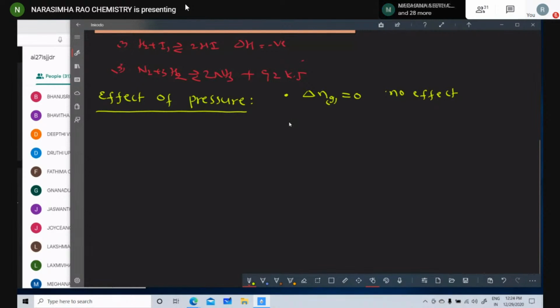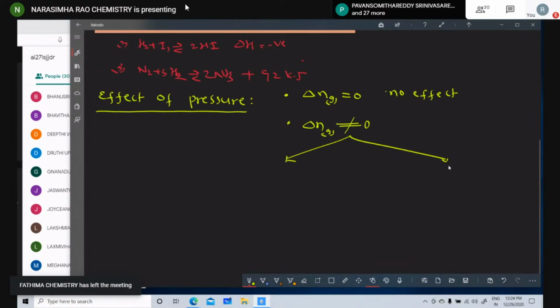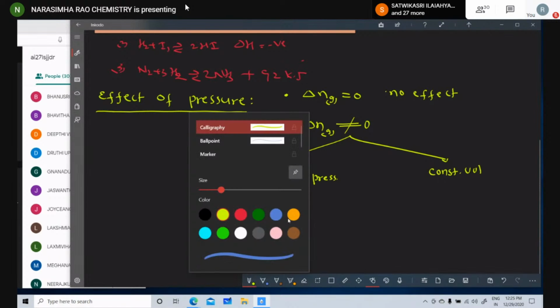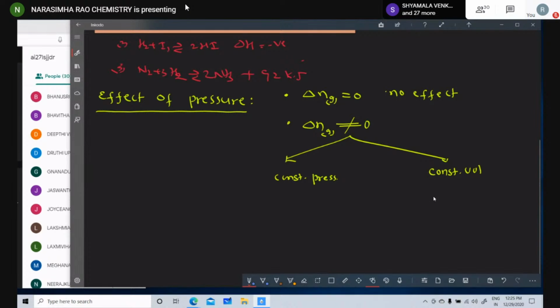If in case delta N of gaseous is not equal to 0, there are two conditions: at constant pressure and at constant volume. Whenever it is at constant volume, no effect.